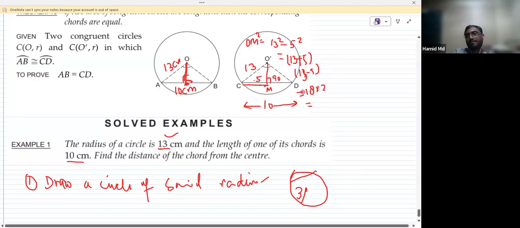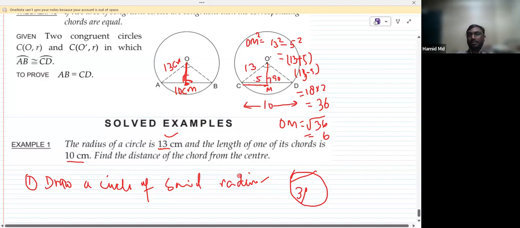How much is it? 36. So this OM squared is 36, and OM will be the root of 36. So how much do you get? 16? No, 6. How is it 16? 6 into 6 is 36.